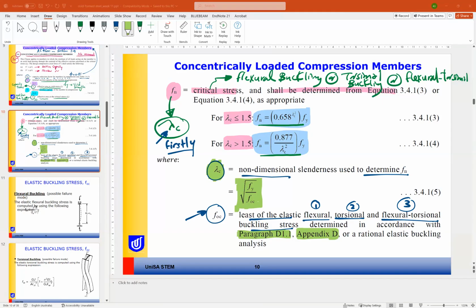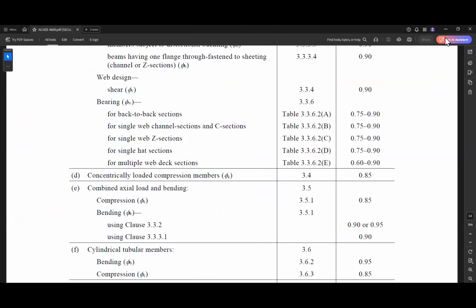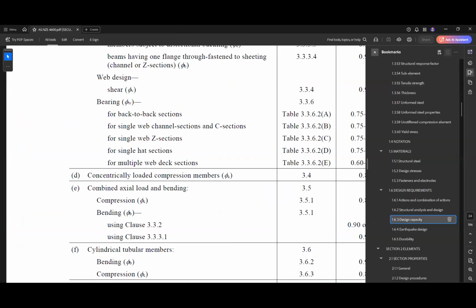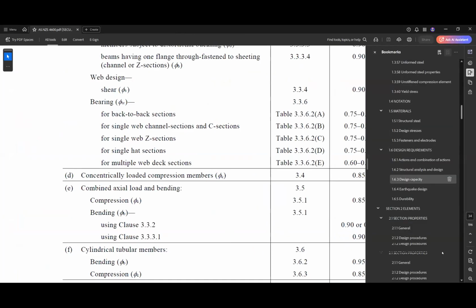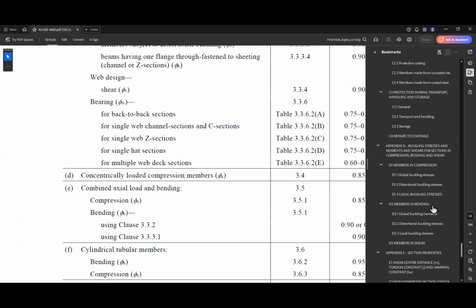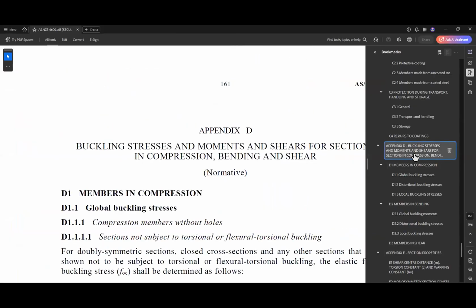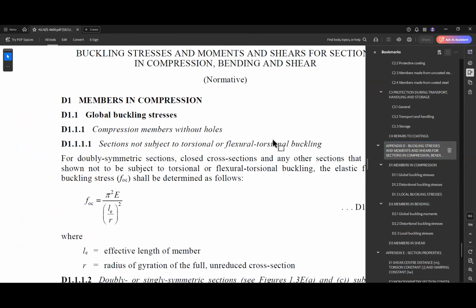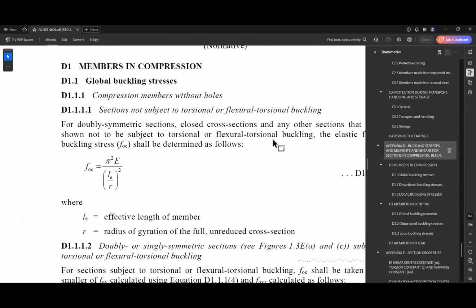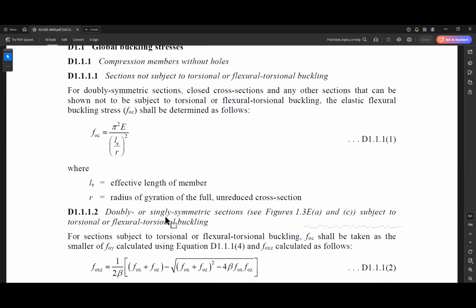Okay, if we go to the standard here, let's have a look at section D. Can you see section D now? So here for section D, here is the formula for FOC.